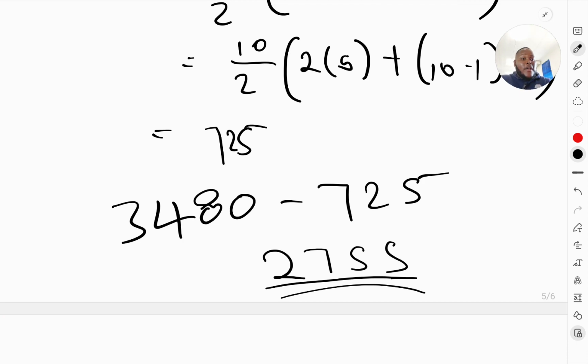Then you find the sum of all numbers that are divisible by 5. Then you say the sum of everything minus the sum of those that are divisible by 5. It will give you the sum of all that are not divisible by 5, or whatever given value that they want you to focus on.